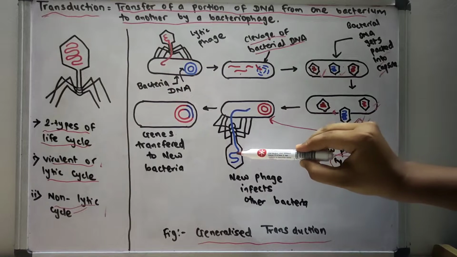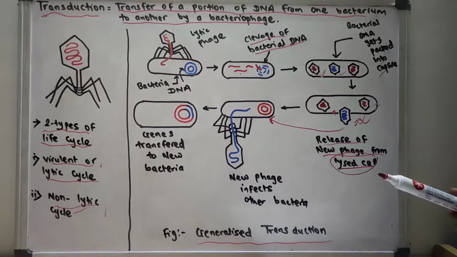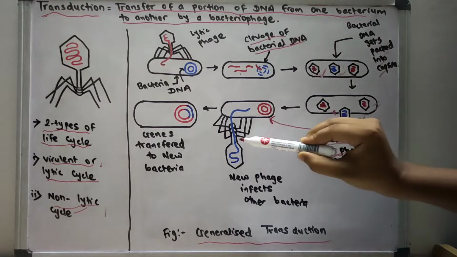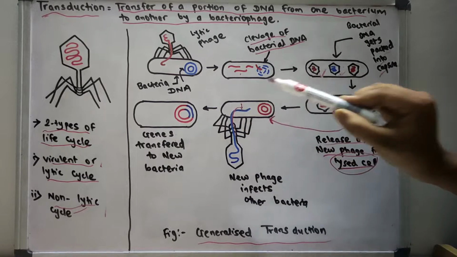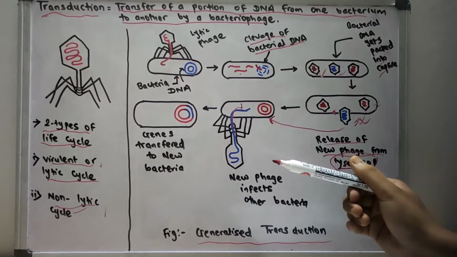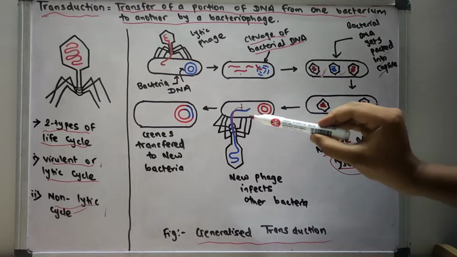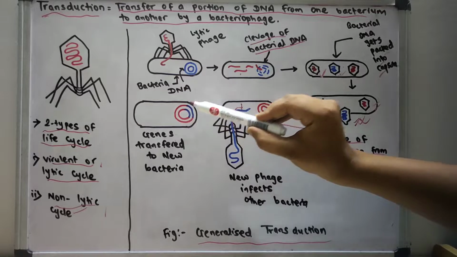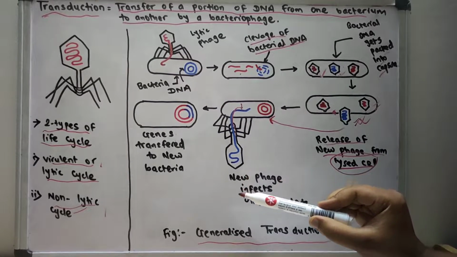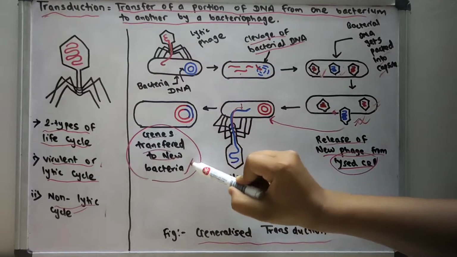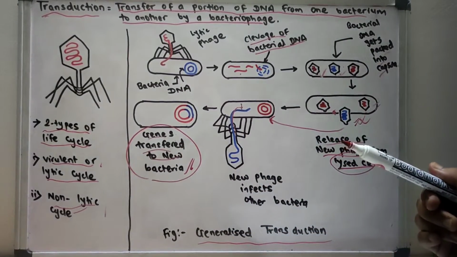After infecting the other bacterium, the genetic material that has been acquired from the previous bacterium is released inside the new bacterium, and this new genetic material gets incorporated into the bacterial DNA. So the gene transfer to the new bacterium is seen as the end product of generalized transduction.